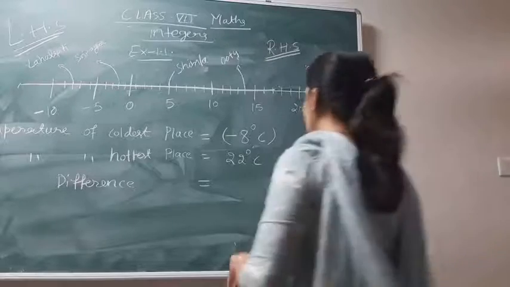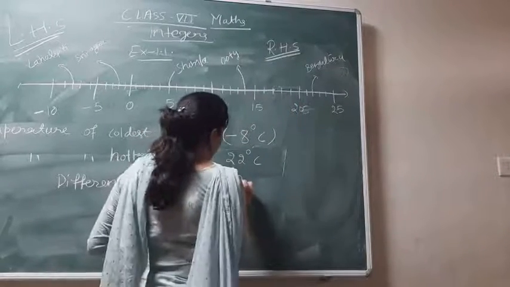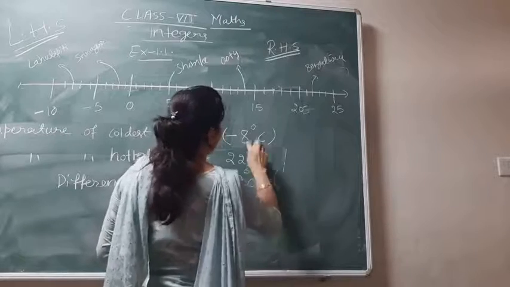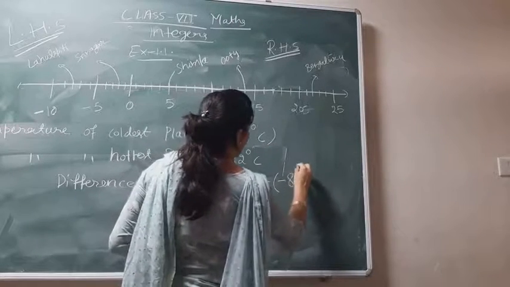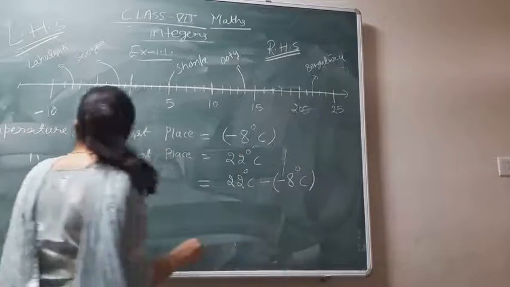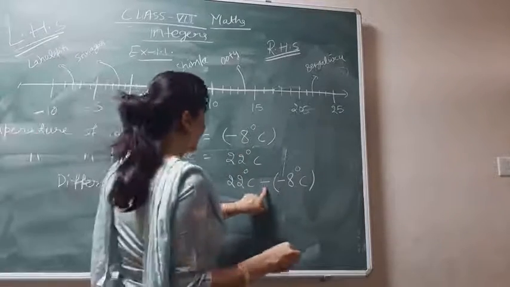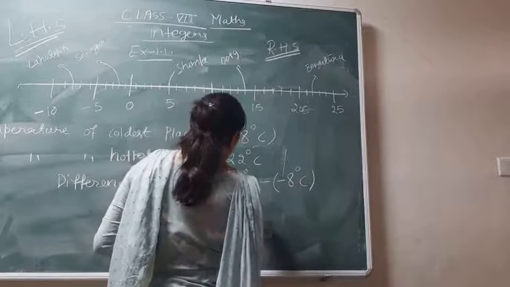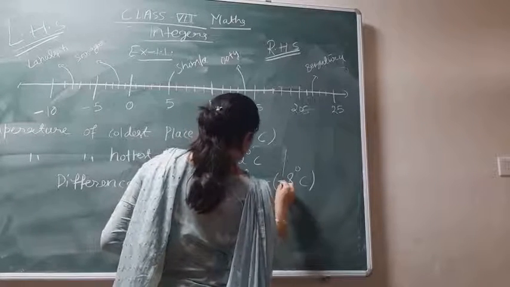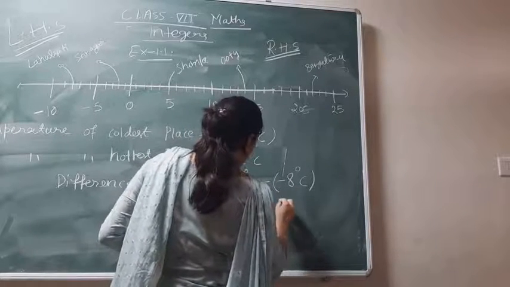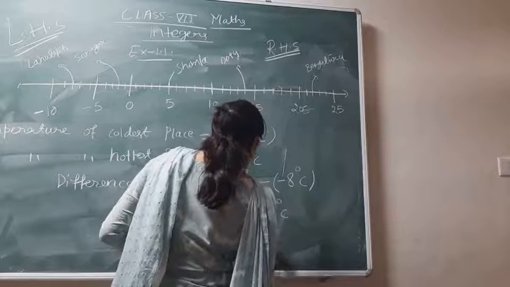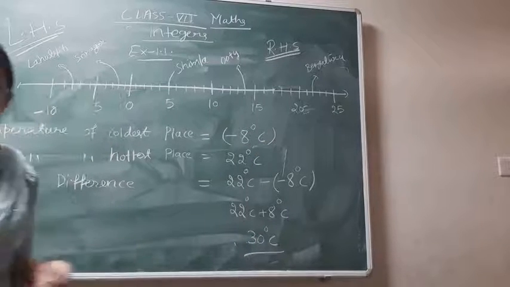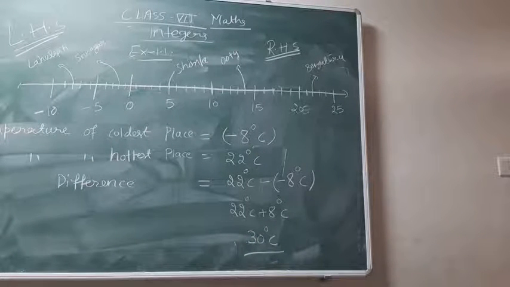So firstly we will write 22 degrees Celsius, then minus, and then, because we have to find the difference, we put the negative sign, and the negative sign is with this. Then 22 degrees Celsius minus and minus is plus, so it is 30 degrees Celsius. So what is the difference? 30 degrees Celsius.